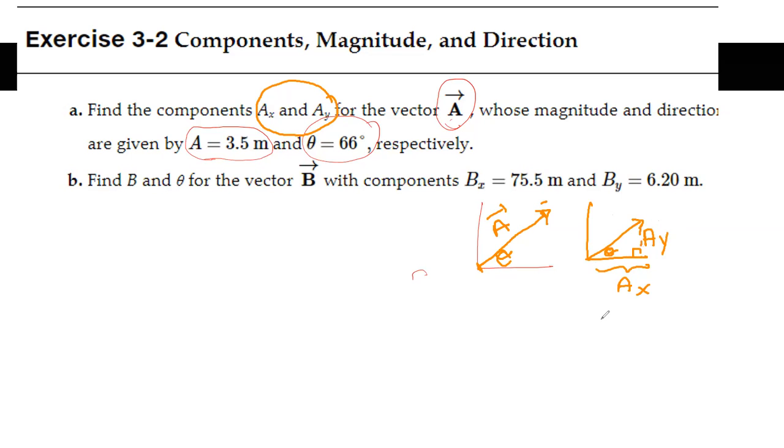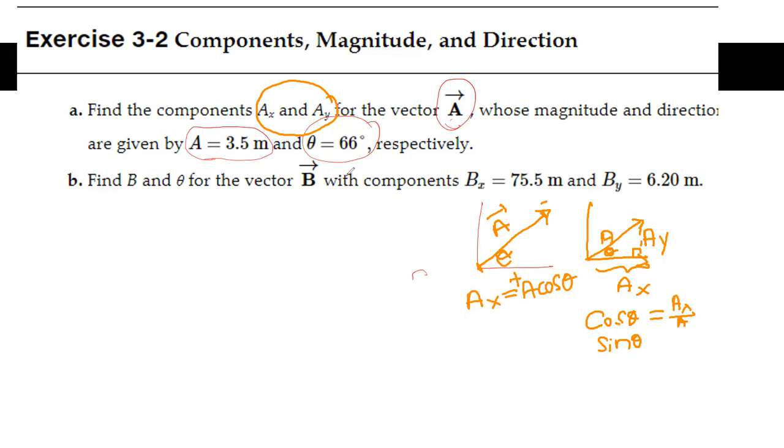Don't be lazy. Write what is cosine theta, what is sine theta. Cosine theta is the adjacent length AX over this length A. So therefore AX would be A cosine theta. And I know this is positive, right?